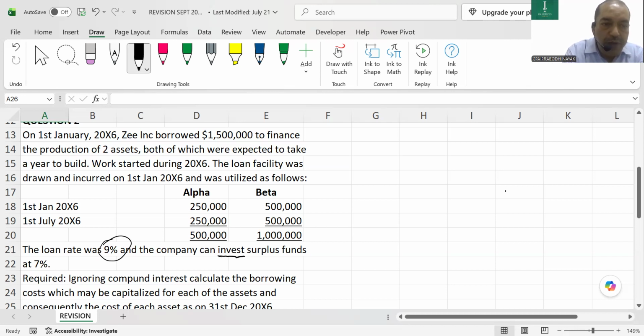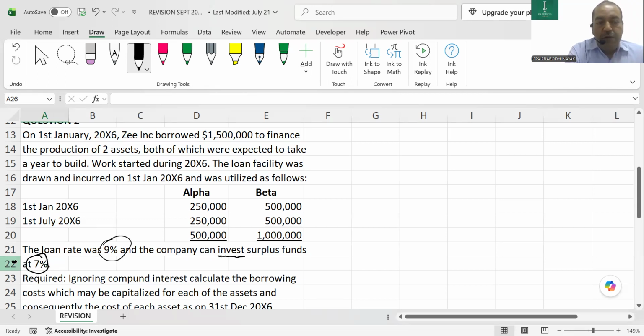So 9% is the rate of interest payable on the loan, and 7% is the rate of interest that you are supposed to receive on the investments, in case you are investing surplus funds.